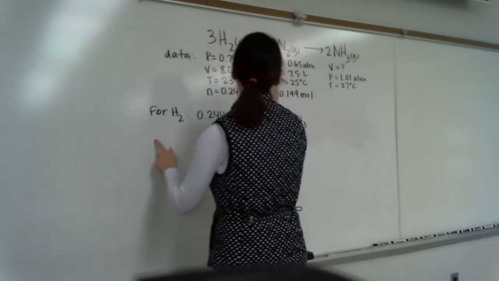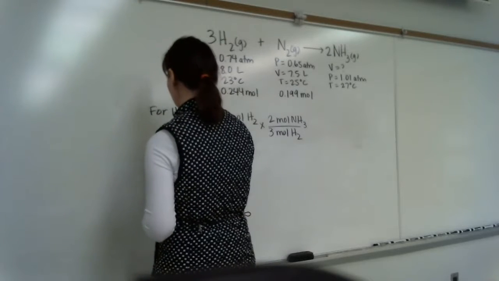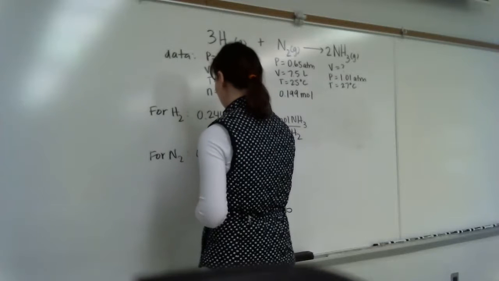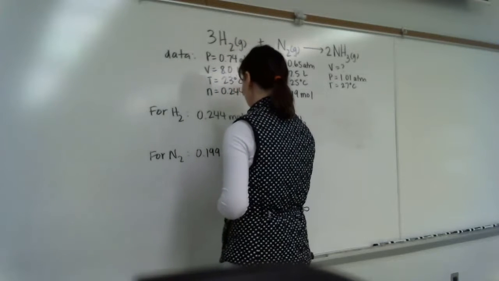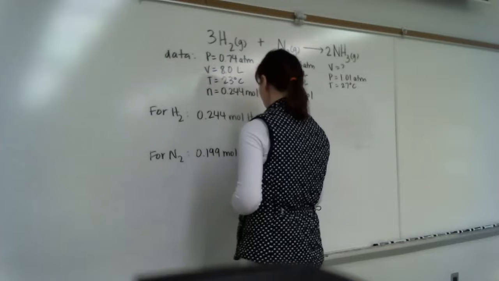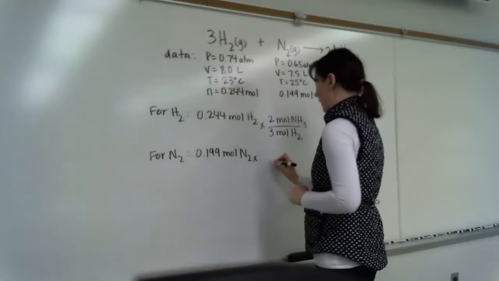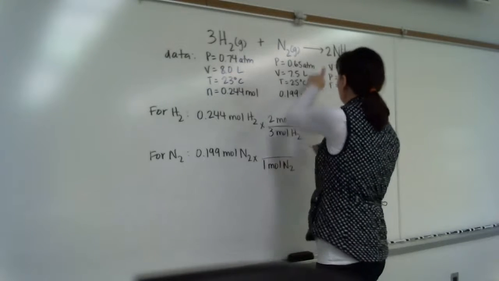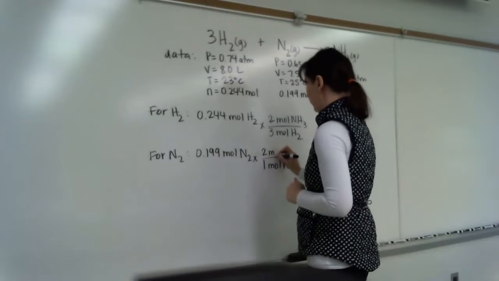And then let's do it for N2 and then compare. 0.199 times, for every 1 mole that I use, I make 2 moles of ammonia.